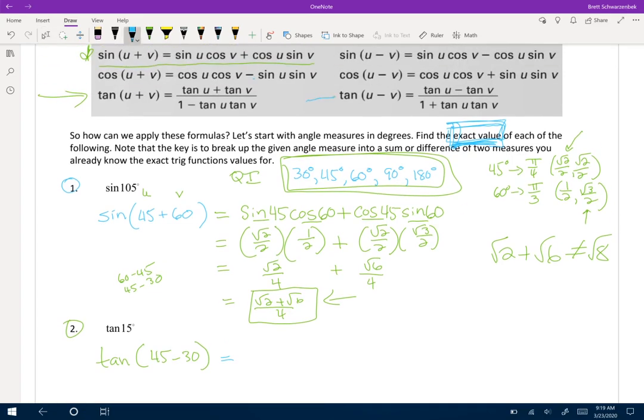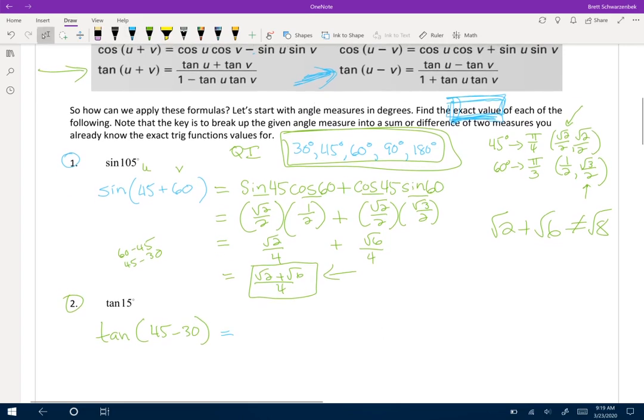That is right here. So we basically just need to copy the formula with the values in it. So we know that this is u and this is v. So what is this equal to? The tangent of 45 minus the tangent of 30 all over 1 plus the tangent of 45 times the tangent of 30.